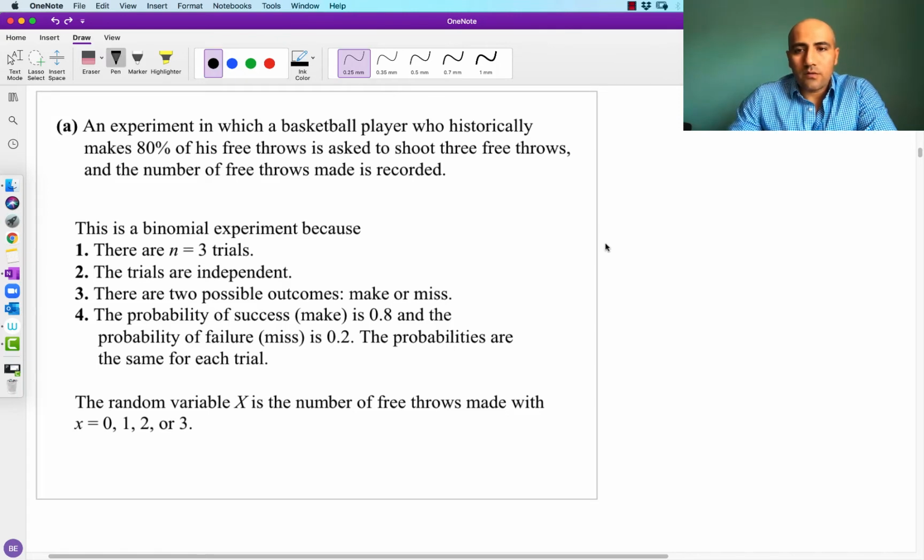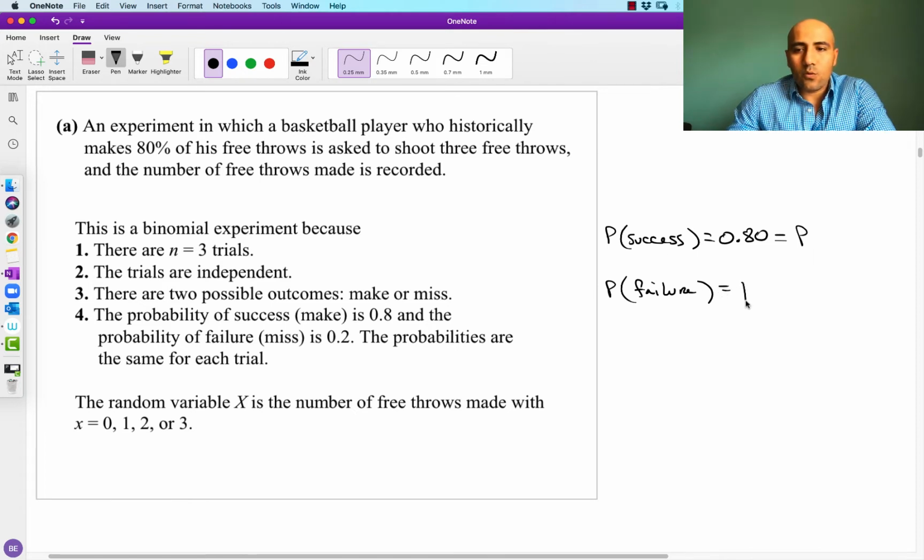Good. So the probability of success in this case is 0.80, and that's also what we refer to as P, just P equals 0.80. The probability of failure is going to be the complement of the probability of success.